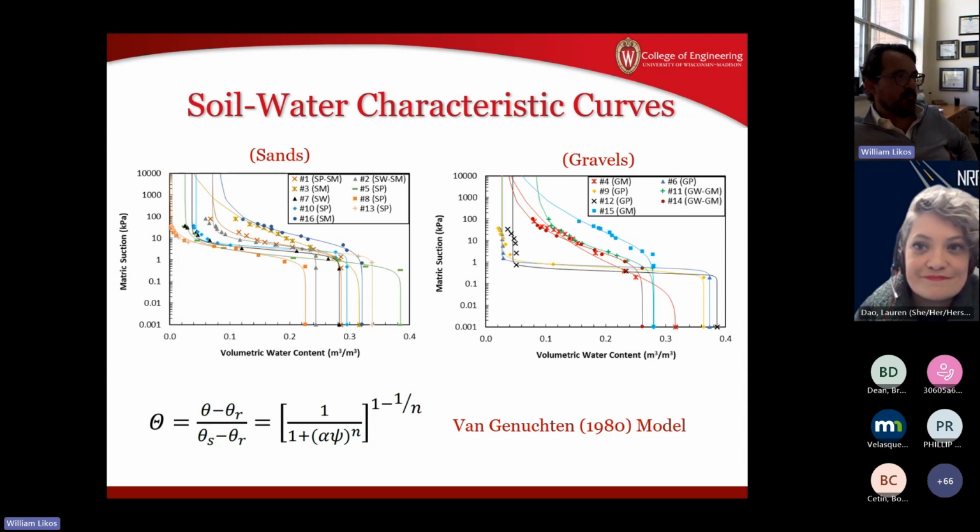That's a good question. We didn't look at aggregate type specifically, although I'll have to go back. I do think we have a pretty wide range of aggregate source or aggregate mineralogy. I don't think that it would impact either saturated hydraulic conductivity or soil water retention curves significantly. I mean, these are governed by grain size distribution, pore size distribution, porosity.